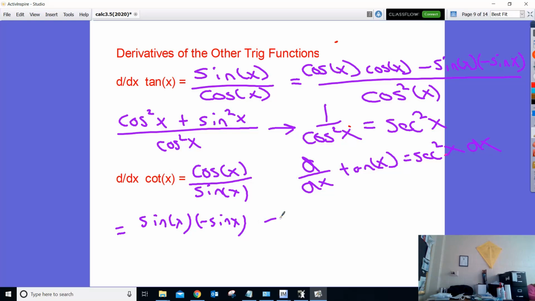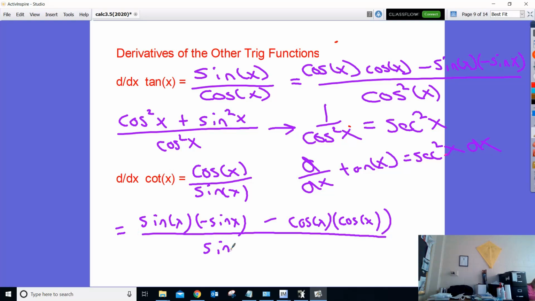We'll take away from that cosine of x, multiplied by the derivative of sine, which happens to be cosine again, sitting over sine squared of x. All I did was plug in the quotient rule.